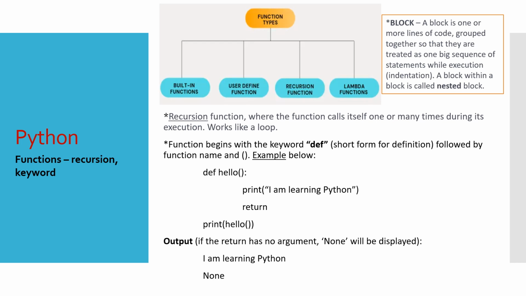Before I move on to the next slide, I want to repeat one more time: the function types are important mainly because without a function, you cannot perform a particular task or solve a problem in programming. That's why functions are very important.